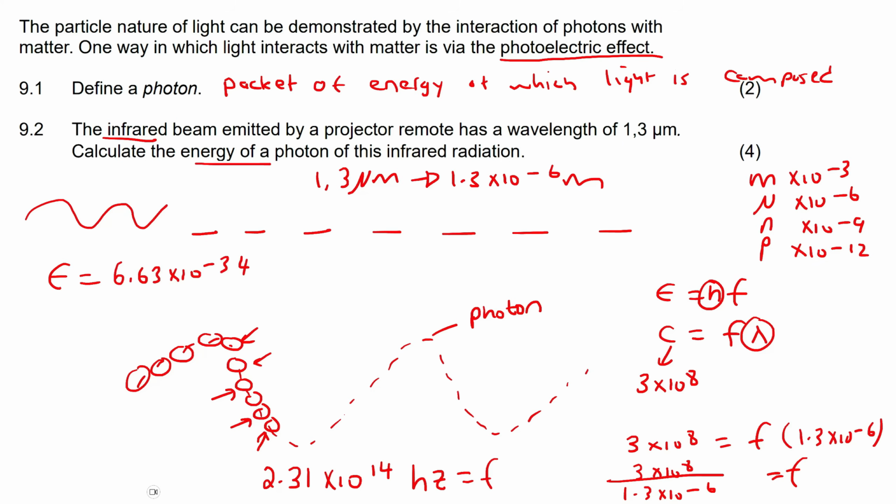And then the frequency that we just found is 2.31 times 10 to the 14. Okay, so if you go ahead and type that all in on your calculator, you should end up with a value of 1.53 times 10 to the negative 19, and that'll be measured in joules, because energy is measured in joules.